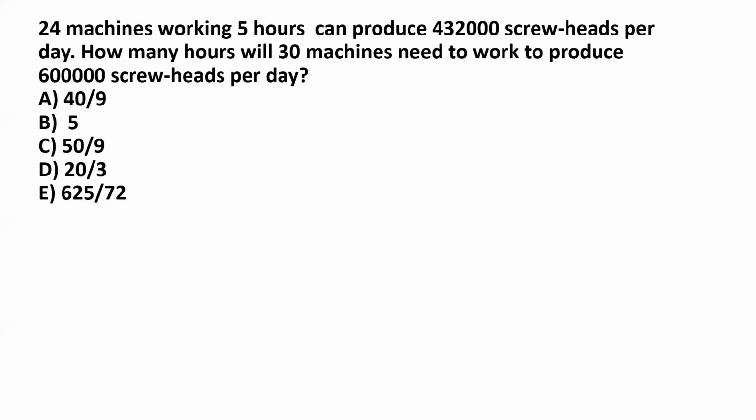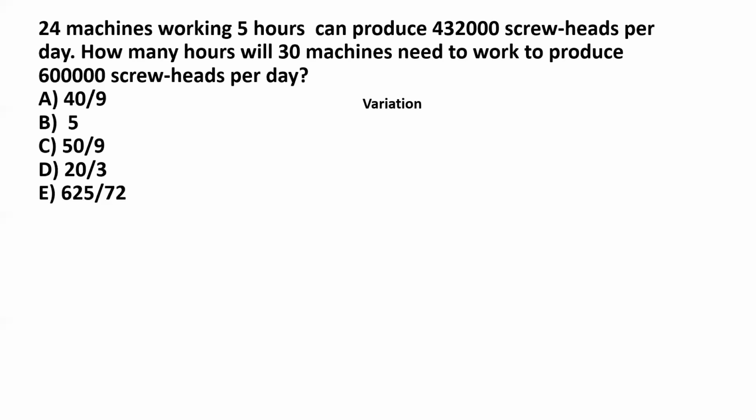So the first method that I will describe is the method of variation. So what does the method of variation involve? It basically starts with defining the variables in the problem, and then considering what relationship each variable has with respect to the other.